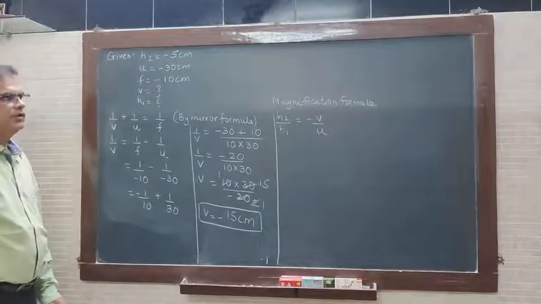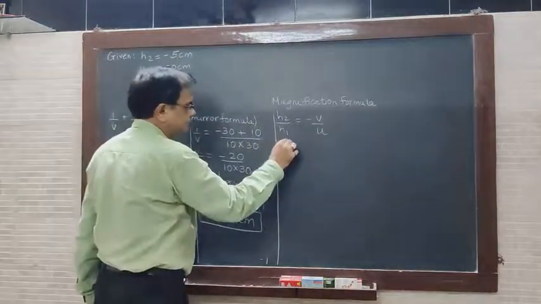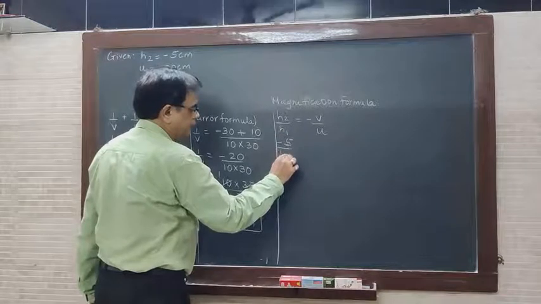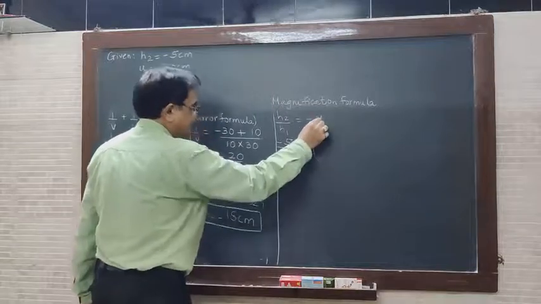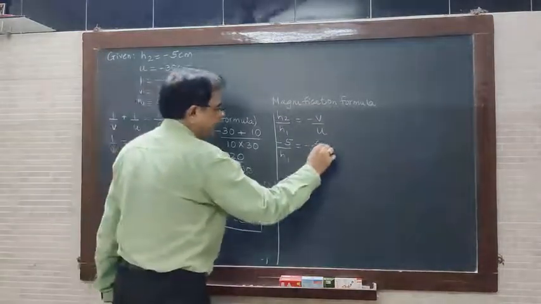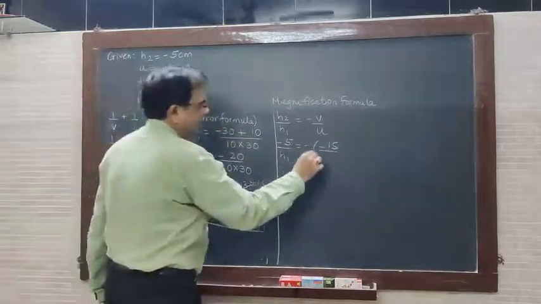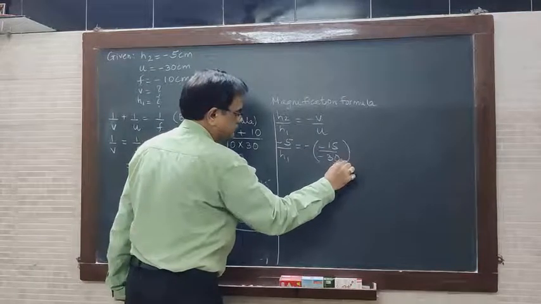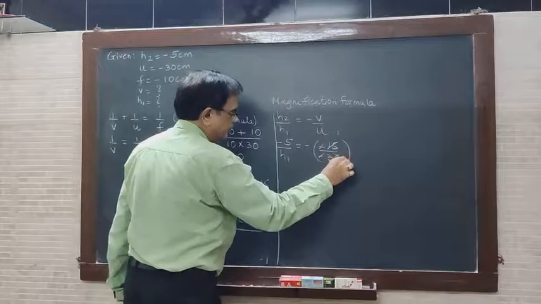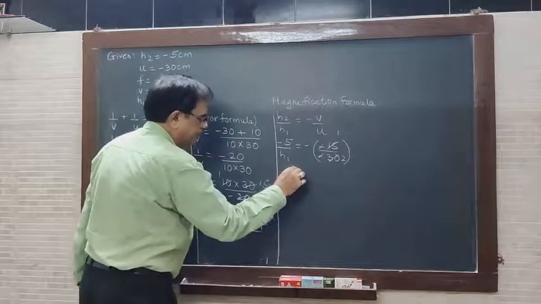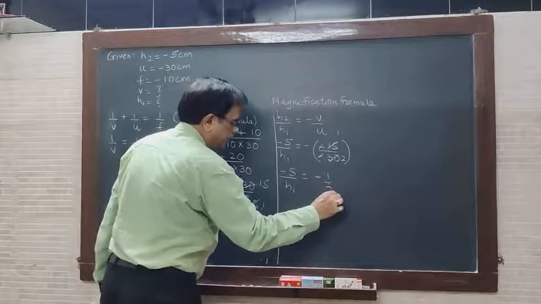H2 upon H1 is equal to minus V upon U. H2 is minus 5 upon H1 is equal to minus V. How much did you get V? Minus 15, upon U, minus 30. Minus minus cancels over here. 15 ones are 15, 15 twos are 30. So minus 5 upon H1 is equal to minus 1 upon 2.